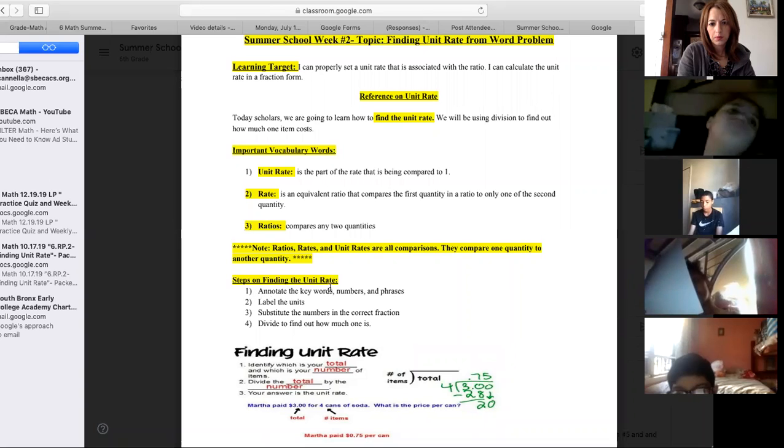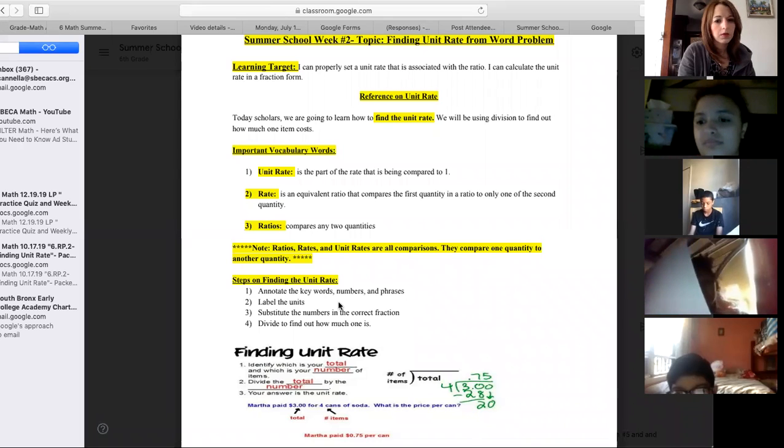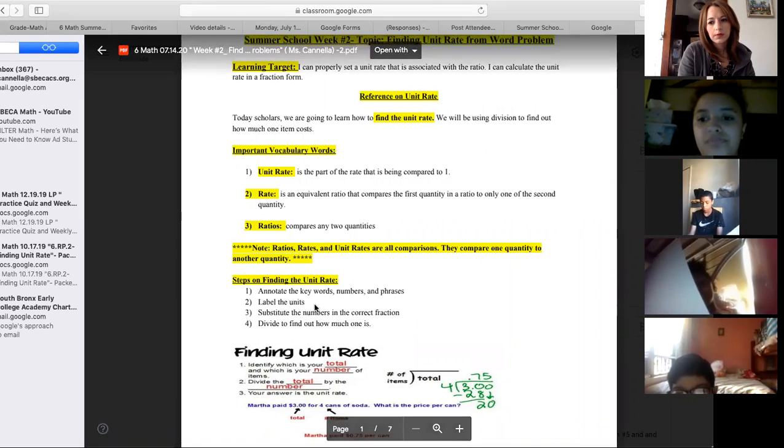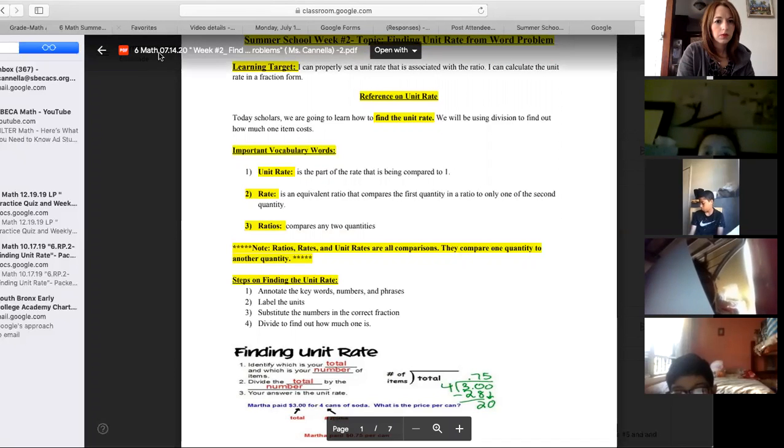Steps on finding the unit rate. 1. Annotate the keywords, numbers, and phrases. 2. Label the units. 3. Substitute the numbers in the correct fractions. 4.